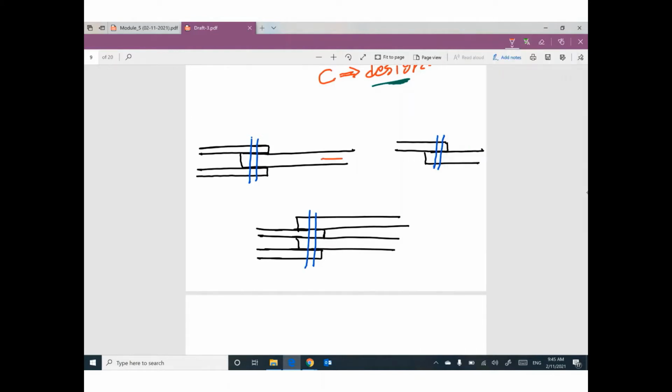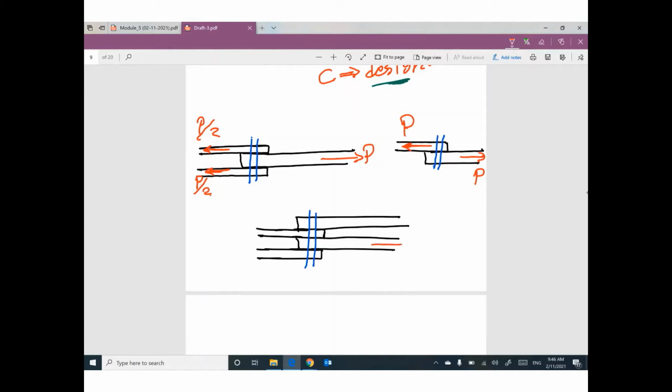If the force here is P, I believe the force in this plate will be P divided by 2. This plate will be P divided by 2. If you have a force P here, I believe the force in this part will be P. Does that make sense?